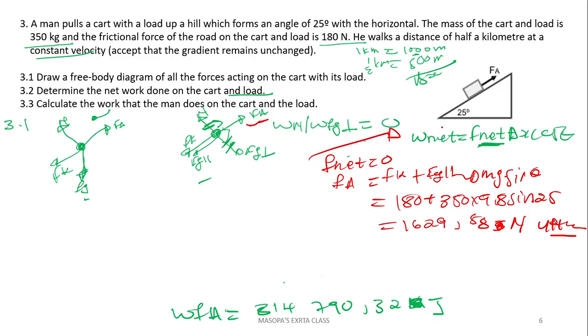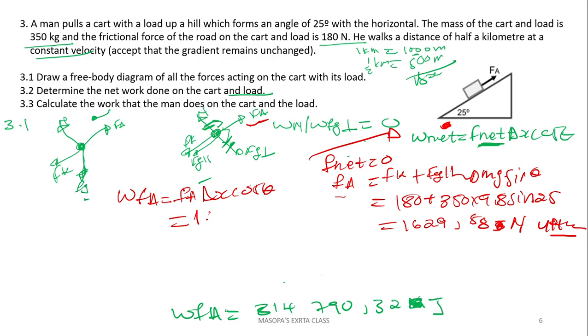Then you come back from that. You have the net work, and we are looking for the work done by the force applied. So you can say the work done by the force applied will be force applied delta x cos of theta.